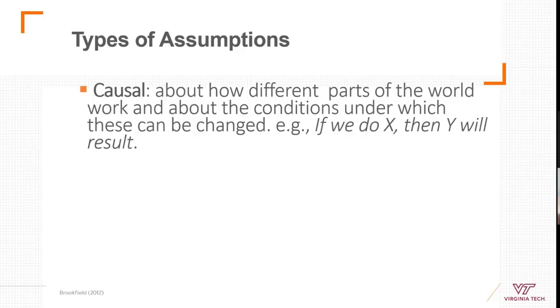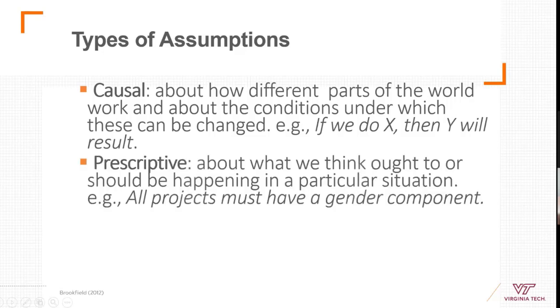It's more of the everyday vernacular sense that something contributes to something. So if we do this, then this will happen. And these are the fundamental building blocks of a theory of change. If-then relationships, right? So of course they pop up quite a bit in M&E practice.